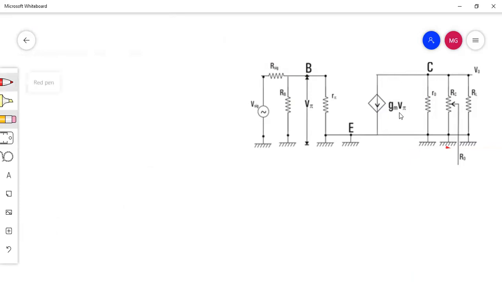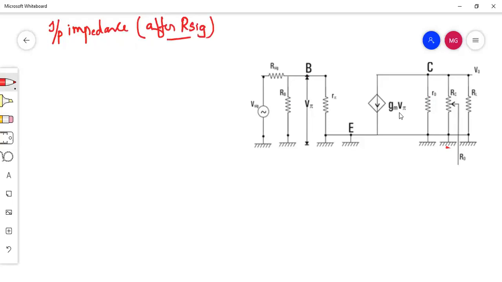Okay. So first of all, we need the input impedance. What is input impedance? Please note this point: input impedance is taken only after the R signal. It is the resistance only after R sig. So after this R sig, we are calculating this input resistance. What resistances are there? RB and R pi. How are they connected? In parallel.